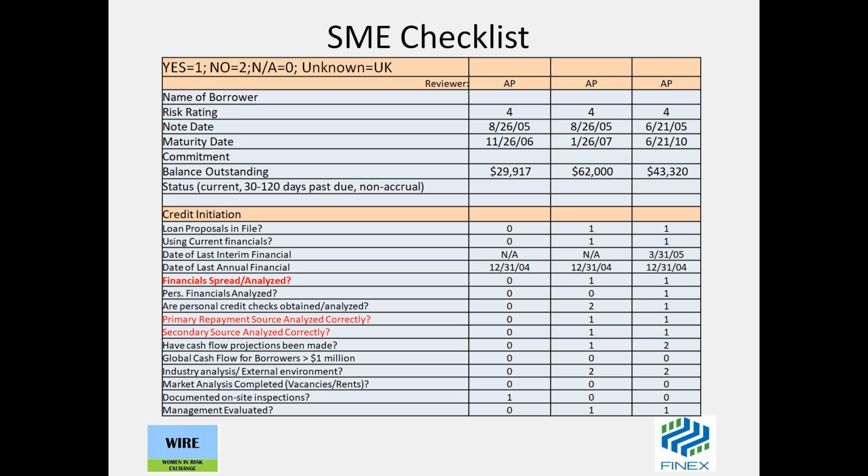As many of you know, what is the primary repayment source for most financial institutions? It's cash, right? It's the client paying cash, usually from a business. So what this is asking is if the financials were spread and analyzed, and then we looked at that, the cash was analyzed correctly.